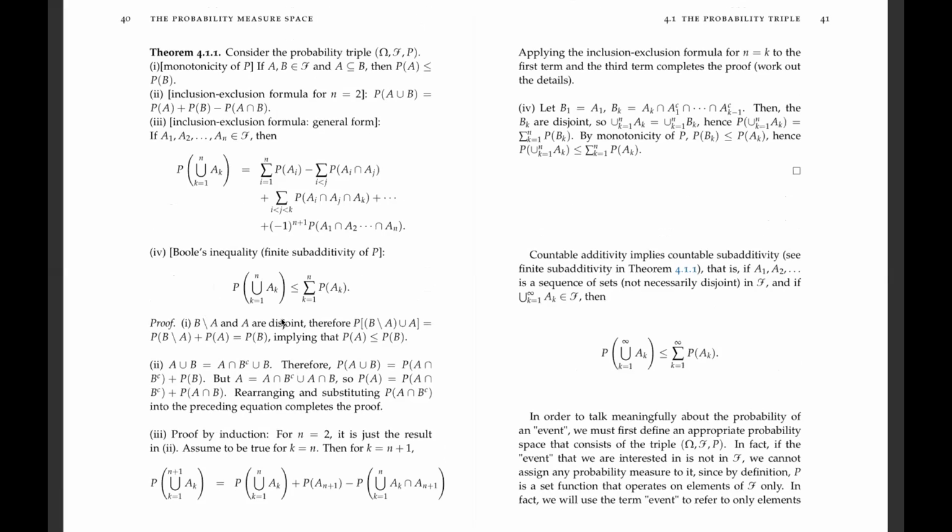So once you have a disjoint, when you take union, then it's easy to manage. Okay. Yeah. So therefore, when you take the disjoint, the probability is just a sum, right?